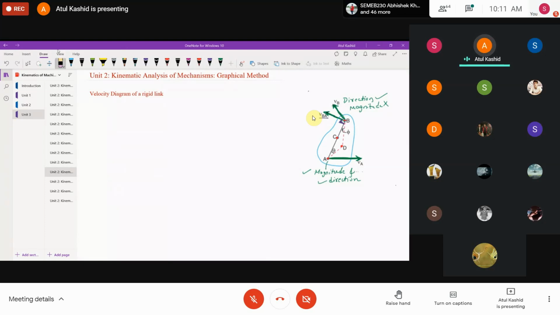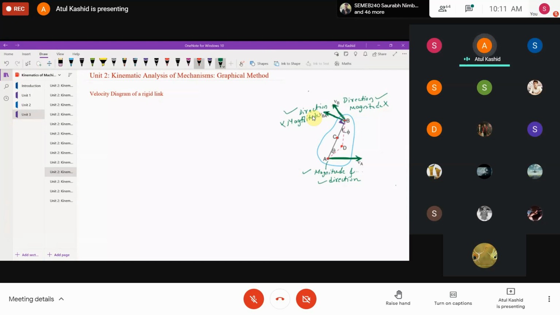So we also know the direction of the velocity of B with respect to A, but the magnitude is not known. Now we can see that for A we know magnitude and direction, for B we know direction but not magnitude, and for the velocity of BA we know the direction but the magnitude is not known.